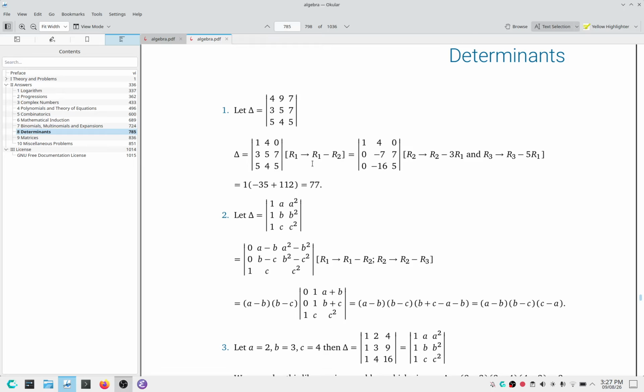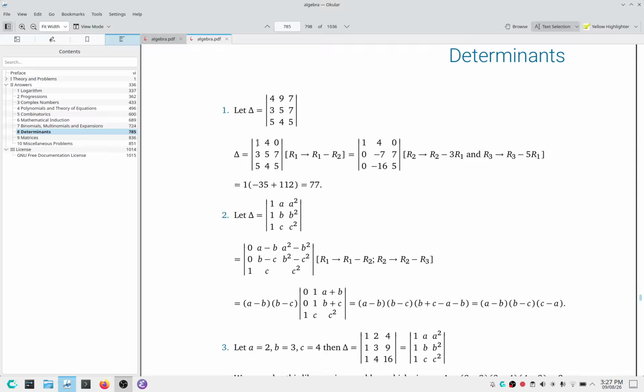Now we do R2 = R2 - 3R1. So this is our R2: 3, 5, 7, and we do minus 3 R1.